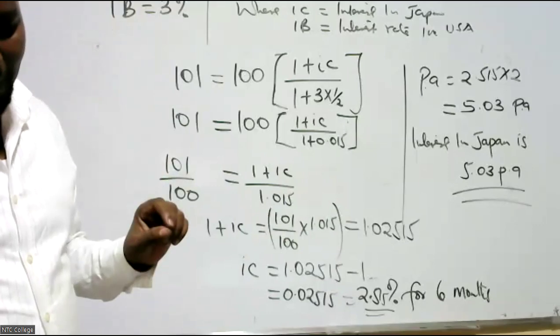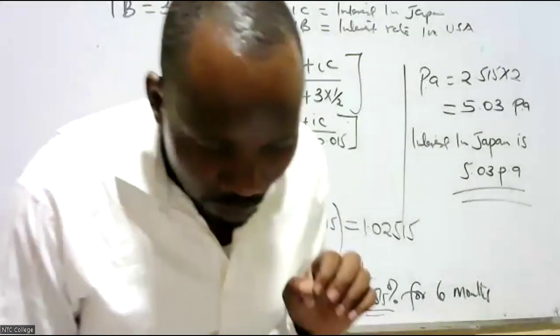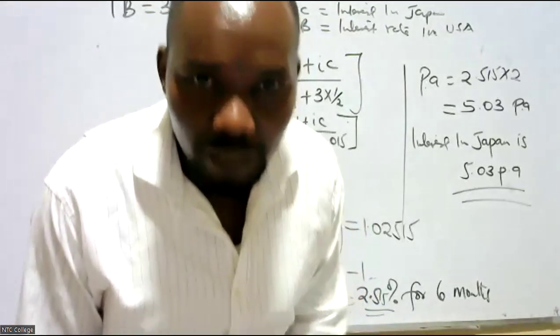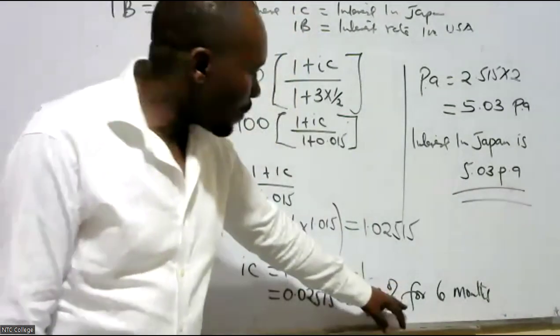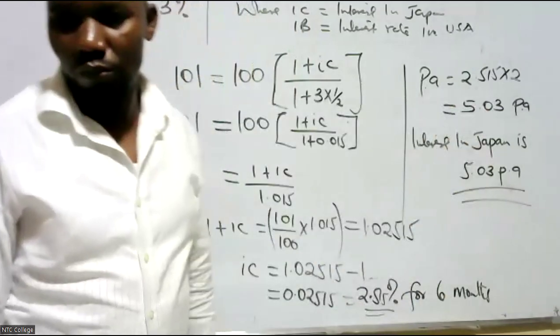But the question is the annual rate of return, that is for the whole year. So you now need to multiply this by 2.